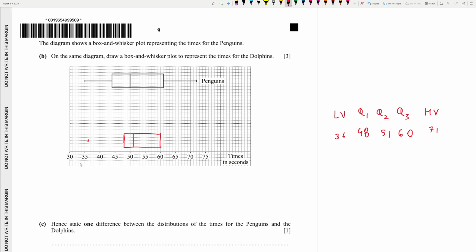And 71. There you go. So I tried to copy it exactly how they did it, but this is the general idea.